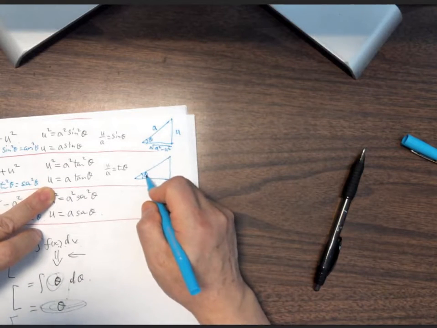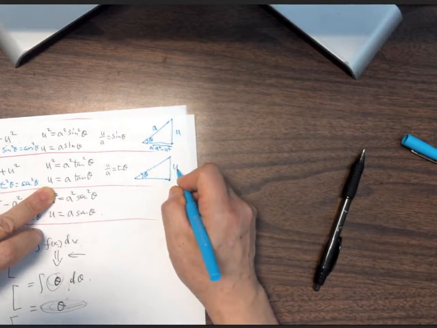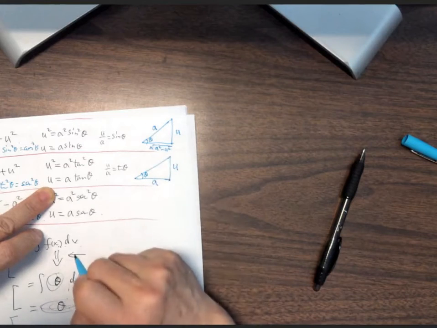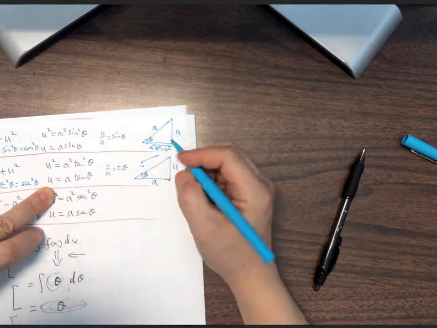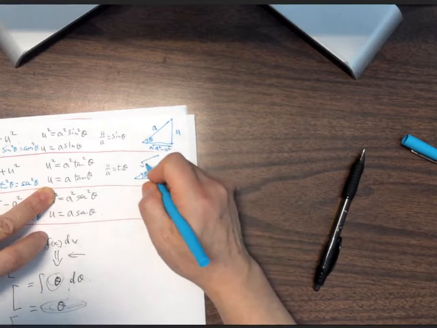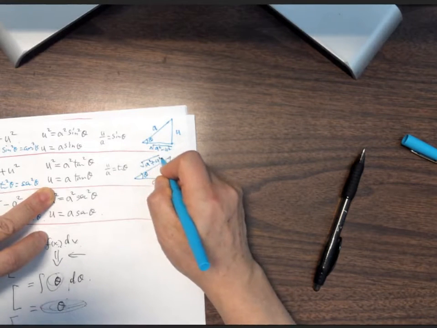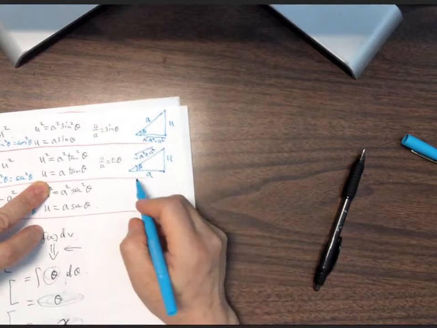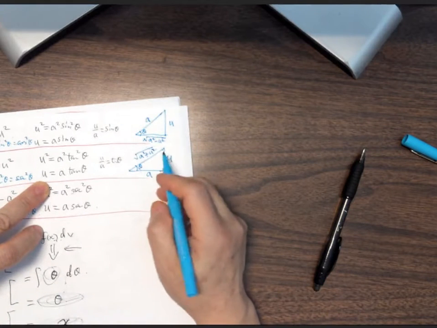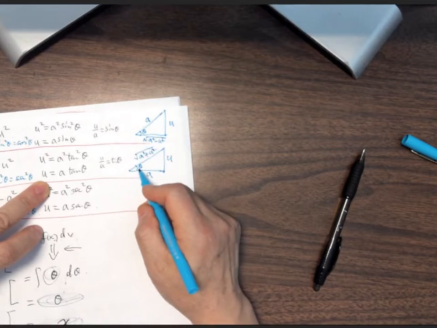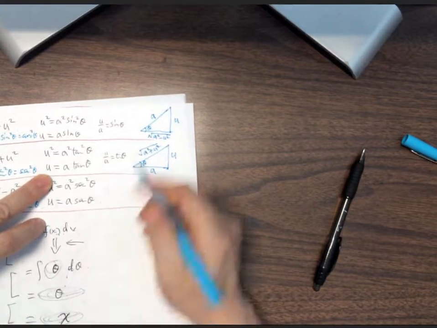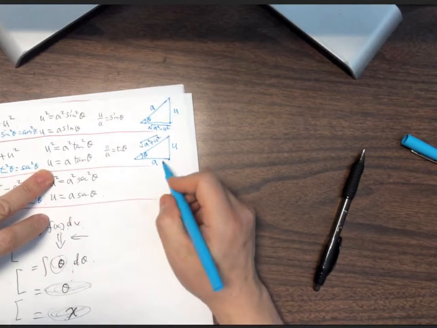Okay, so tangent, what's tangent? Tangent is opposite over adjacent. So, okay, Pythagorean theorem says the hypotenuse would be the square root of a squared plus u squared. We'll be able to find the expression for any trig based on the triangle here.